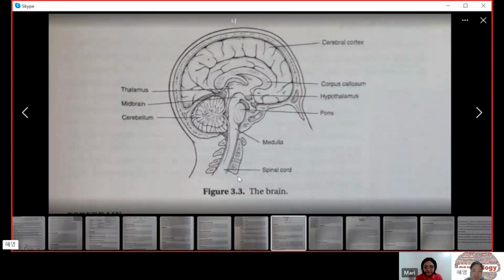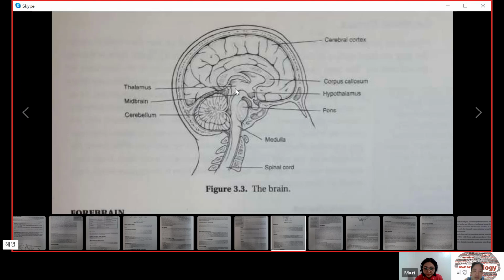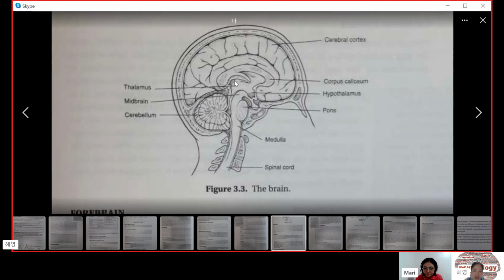This is the brain, and there is a spinal cord and medulla and pons, and this is cerebellum, and this is midbrain here in the center of the brain. Up above the midbrain there is thalamus, and on the right side there is a hypothalamus.